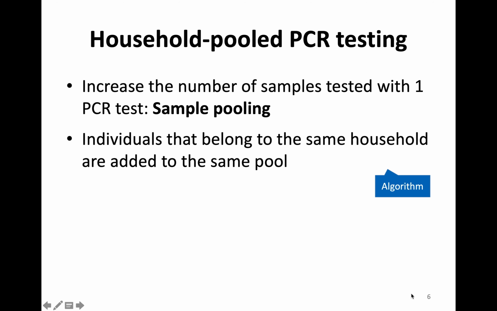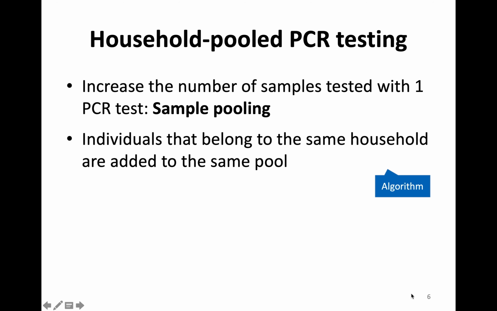To us, it made sense that we combine people that are closely connected, because of course they have the chance that they infect each other, but also if they can come together to the testing area, that makes things a bit more straightforward. So we combine samples of people that belong to the same household.